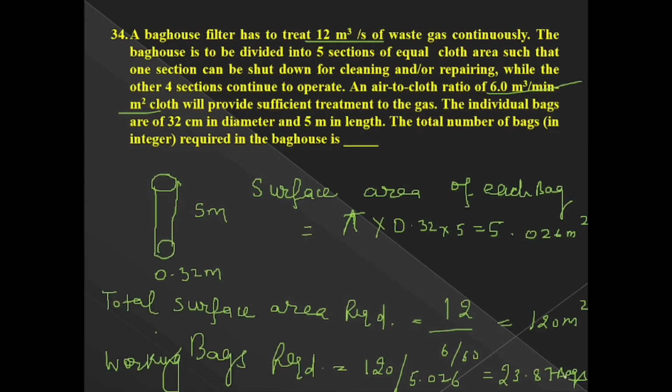So it is asked that one standby set is also included. So total number of the bags required includes a standby set also. So 5 sections of each. So 23.87 is nearly equal to 24 bags.